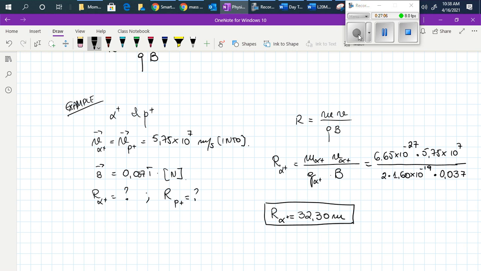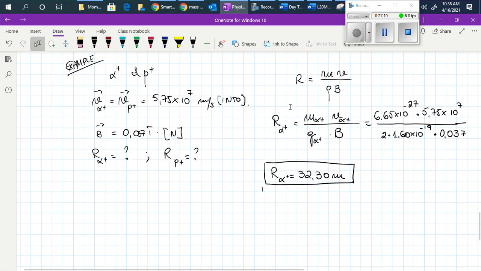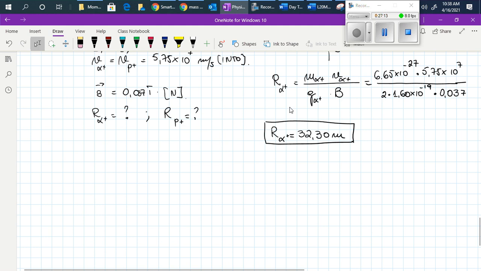And using the same logic, we will find the radius of the proton. So the radius of the proton will be the mass of the proton, velocity of the proton, over the charge of the proton and the magnetic field strength.